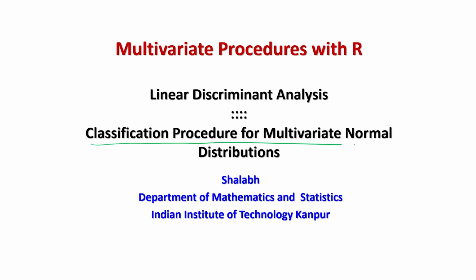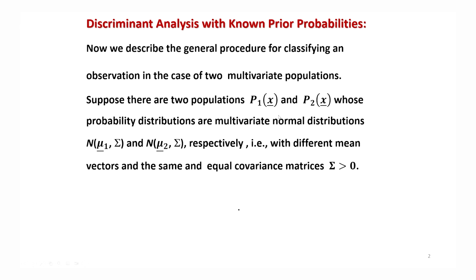Okay, so now we are going to talk about the classification procedure for the multivariate normal distributions, right? We are going to assume that our prior probabilities are known to us, and we will describe here the general procedure for classifying an observation in the case of two multivariate normal populations.